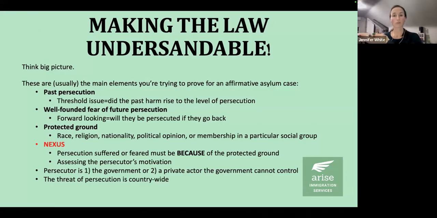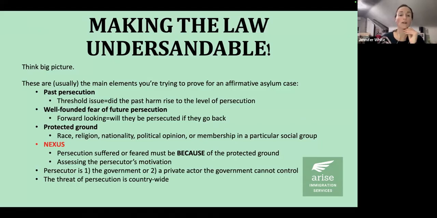Or for arguing future-based fears, it doesn't qualify in that context either. But death threats are past persecution in the Fourth Circuit. That's a little bit surprising because they're just threats. It's not physical harm. So depending on where you are and the different case law that applies, persecution can change a bit. But what you're screening for is the severity of the harm.